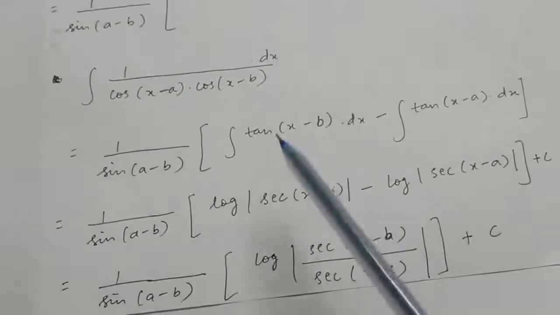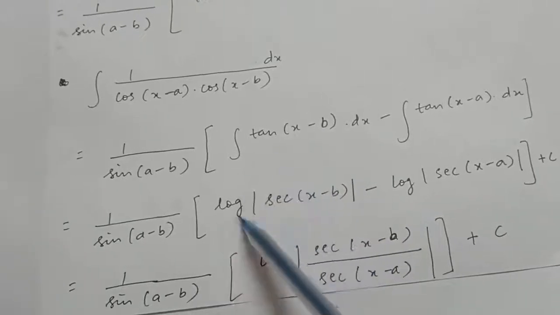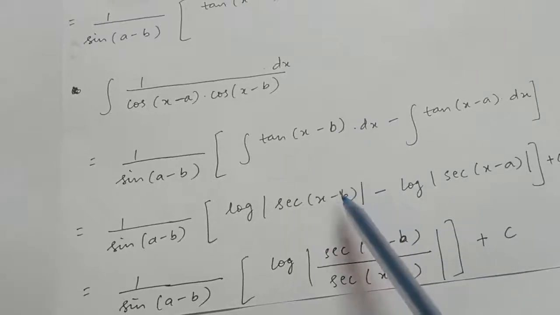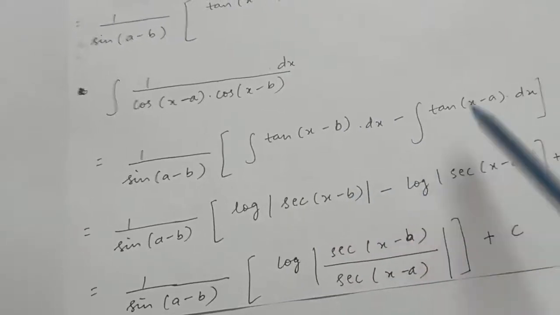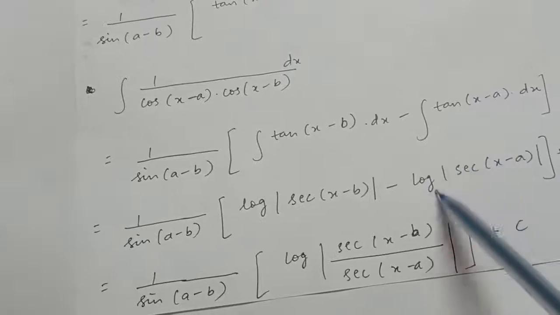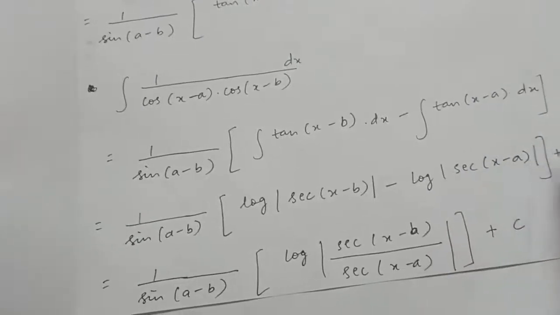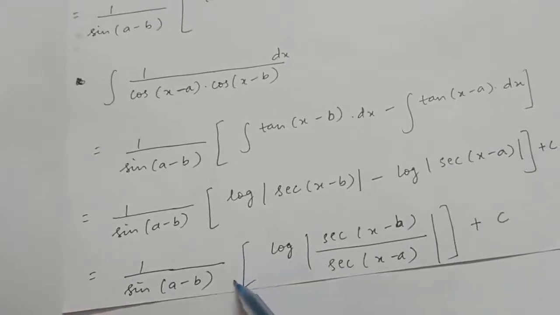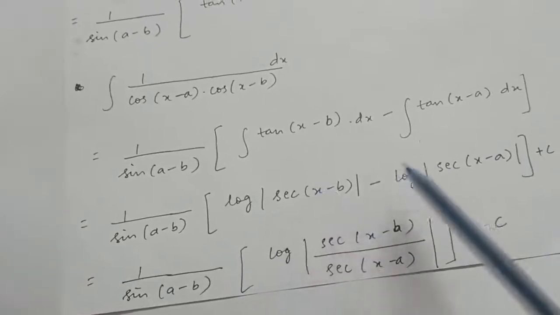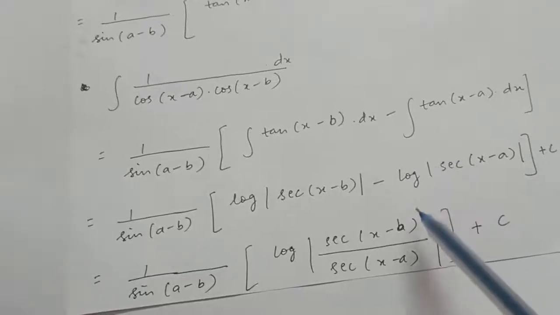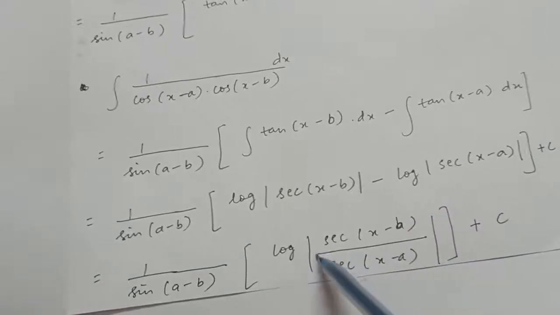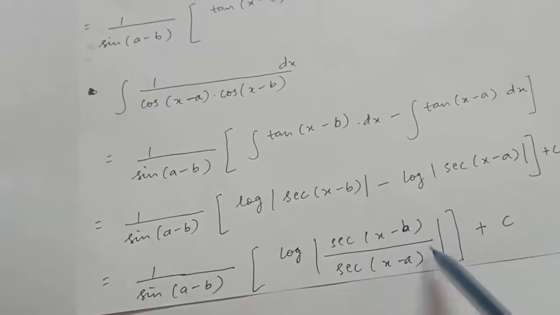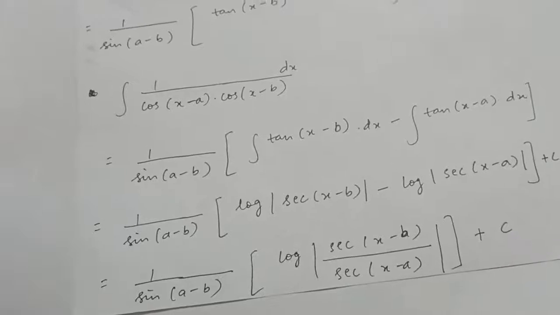So tan x minus b integral will be log mod of secant x, here x is complete this x minus b, right, minus integral of this will be log mod of secant x minus a plus c. Now 1 upon sin a minus b as it is, because log m minus log n is log m upon n, therefore this will be log mod secant x minus b upon secant x minus a plus c, right?